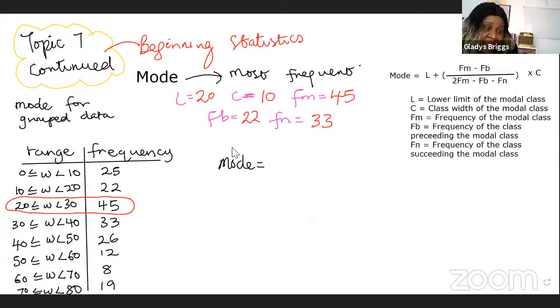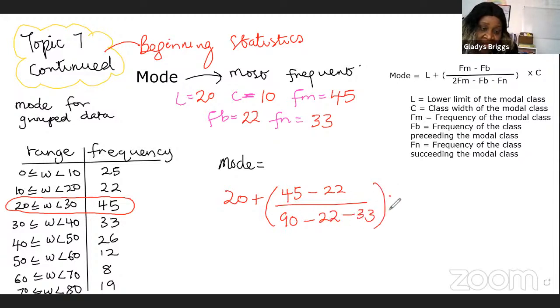So we have to put that information in. 20 plus 45 minus 22 over 90 minus 22 minus 33, times 10.